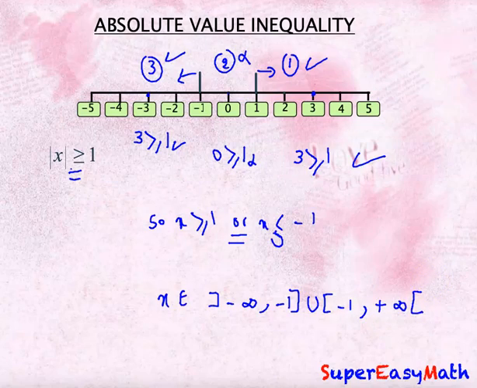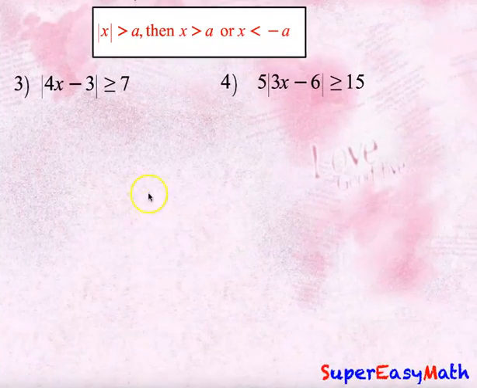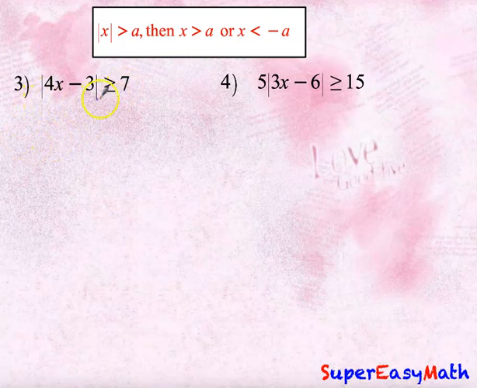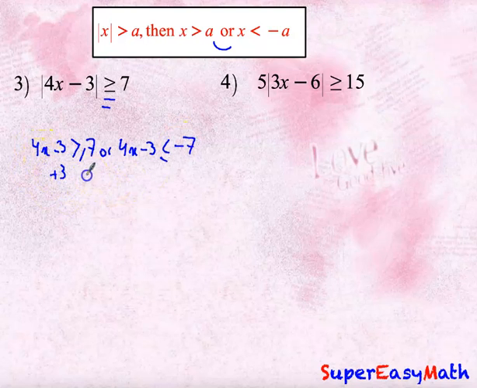Let's take some examples. Absolute value of 4x minus 3 greater than or equal to 7. So remove the absolute value. 4x minus 3 greater than or equal to 7, or 4x minus 3 smaller than or equal to -7. Now to find x, plus 3, we have 4x greater than or equal to 10, divide by 4, x greater than or equal to 10 over 4.